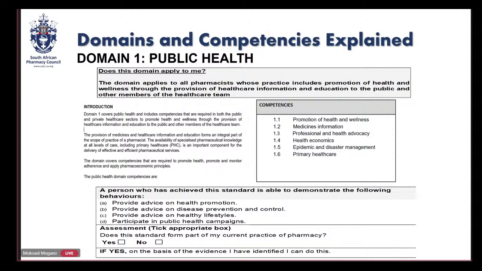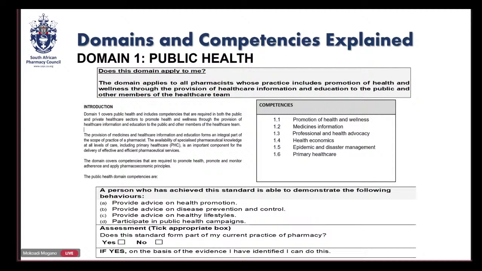You'd have an introduction. The introduction will explain what the domain covers. So in this instance, for domain 1, which talks about public health, it says, for example, the domain 1 covers public health and includes competencies that are required in both public and private health sectors, and promote health and wellness through the provision of healthcare information and education to the public and other members of the healthcare team.